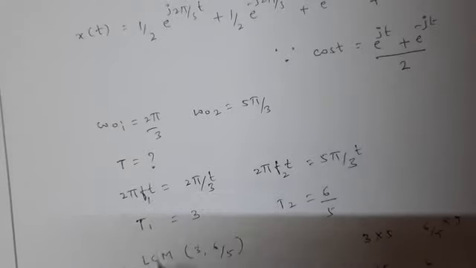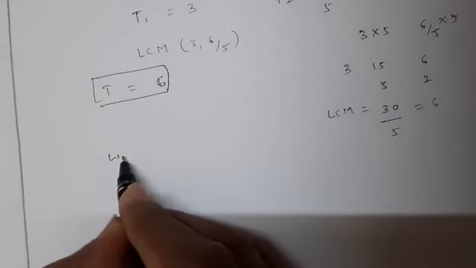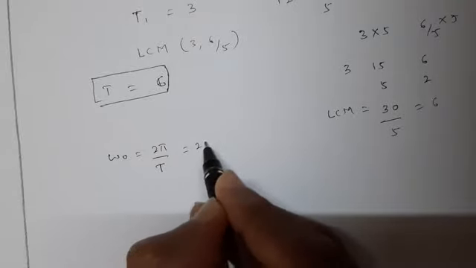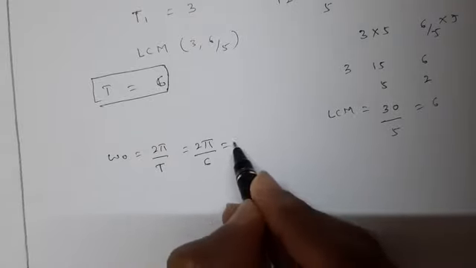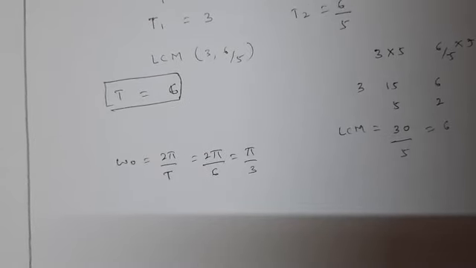I will substitute this T value. So what is omega naught? Omega naught is 2 pi by T, so 2 pi by 6, which is equal to pi by 3. And now I am trying to use that in my equation.